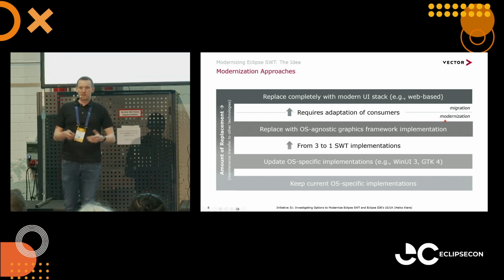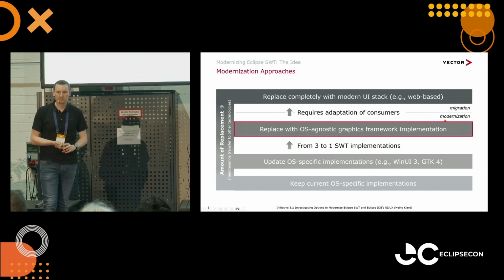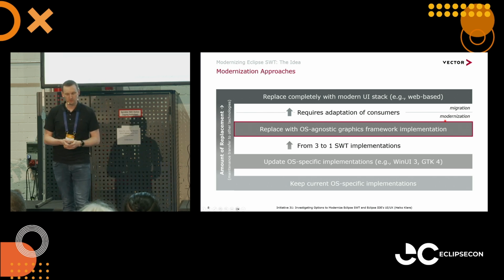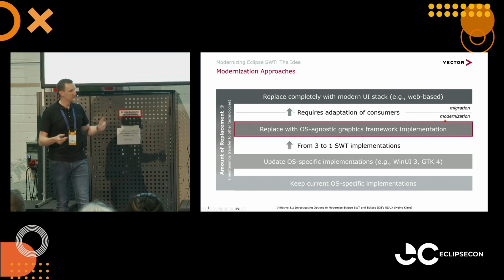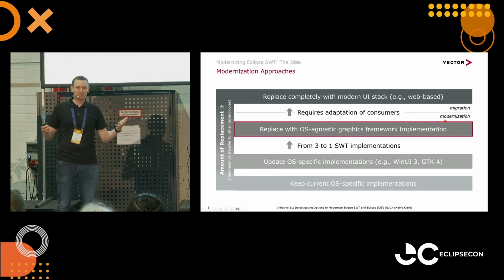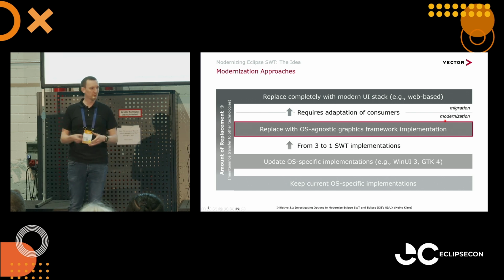So for these reasons, we found this level of approach rather interesting to look into, whether there really are technologies that we could use today to benefit from having just one OS-agnostic implementation of SWT. And then we found that on Linux, I said we have GTK4, or currently GTK3, used as a library, and GTK basically can be used on all operating systems because there are ports for Windows and macOS.